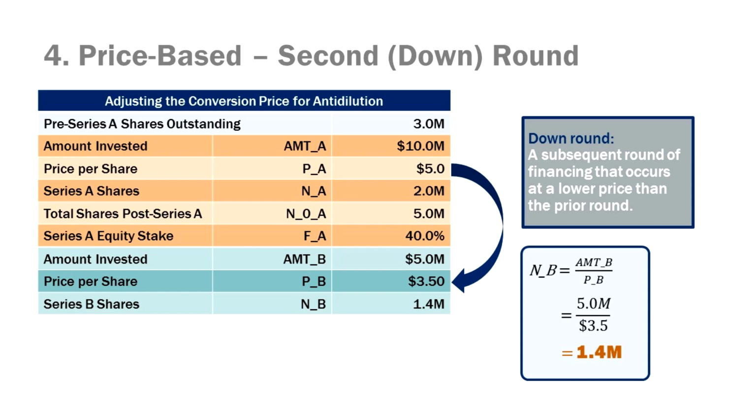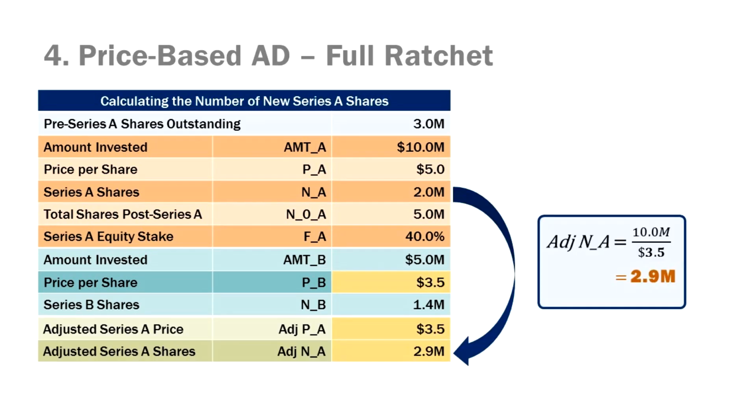The Series A investors will now be able to adjust their original terms in light of the unfavorable valuation of the second round. In effect, this gives the Series A investors the right to a do-over in the face of the declining value. If the terms of the term sheet granted the Series A investors full ratchet anti-dilution, their original investment of $10 million would be repriced.